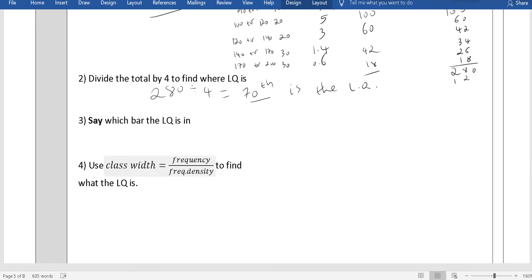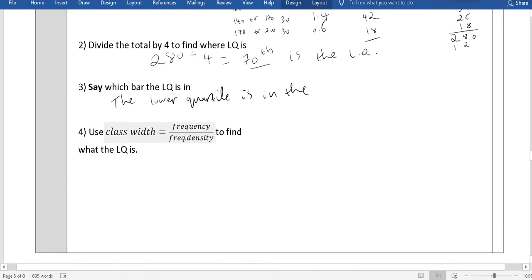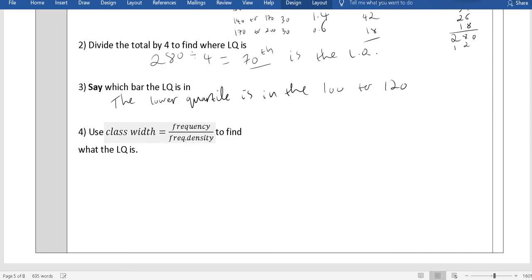I'm going to say the lower quartile pupil, the 70th pupil, is in the 100 to 120 interval. And by saying that, I get a strategy mark. You'll probably in a GCSE get a mark for that. Okay, so there's 3 marks now for doing part 4.